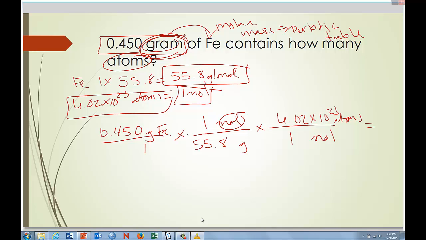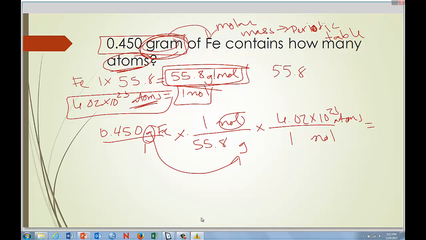And atoms, ions, molecules, and formula units takes us to Avogadro's number. So whatever units are on top need to be the unit on the bottom of the next one. The molar mass breaks down to 55.8 grams is equal to 1 mole.